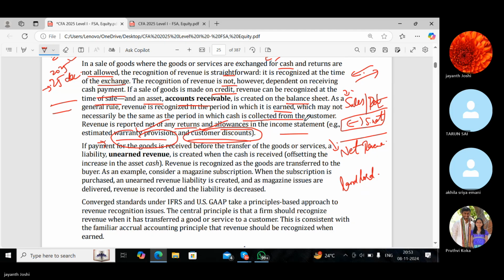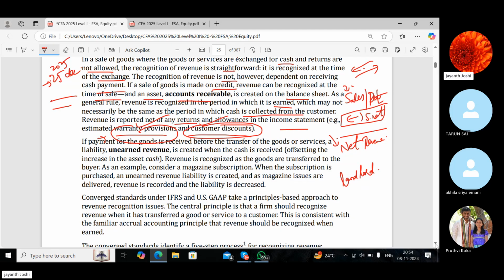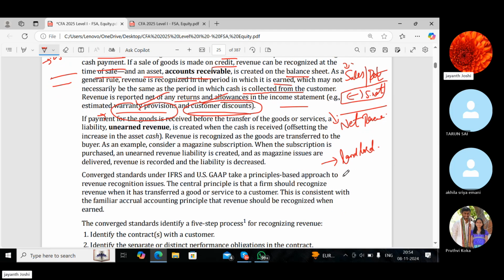Next point. See, if payment for the goods is received before the transfer of goods, I'm going to give you an example of unearned revenue. There's a landlord and there is a tenant. Let's say the landlord has fixed $10,000 as the rent for this tenant.